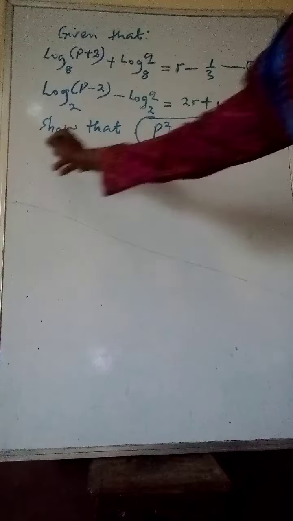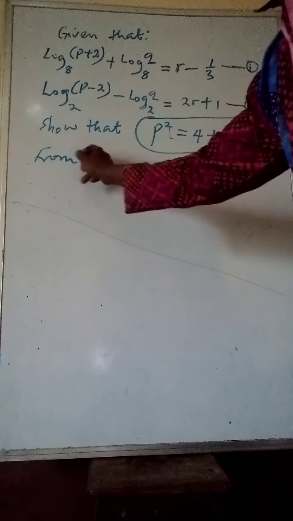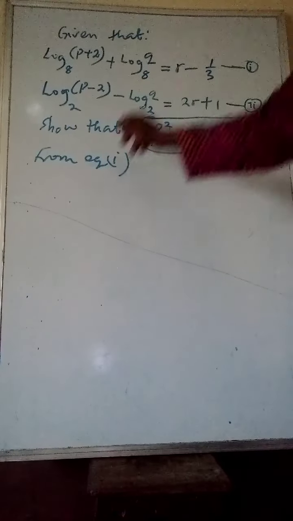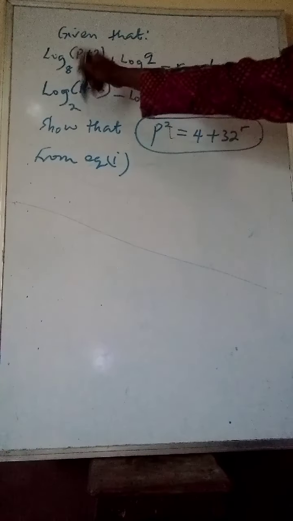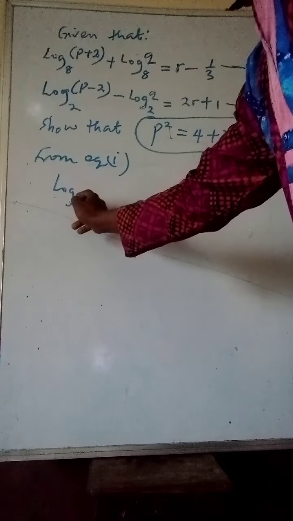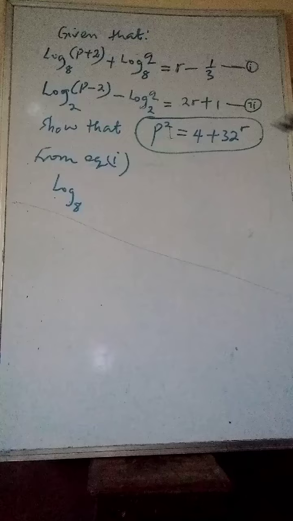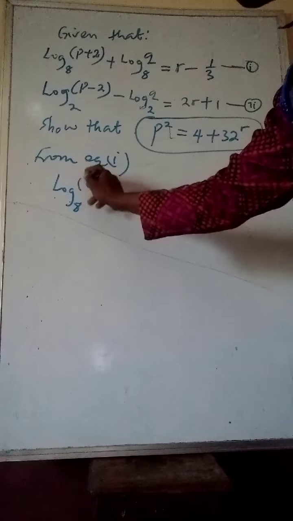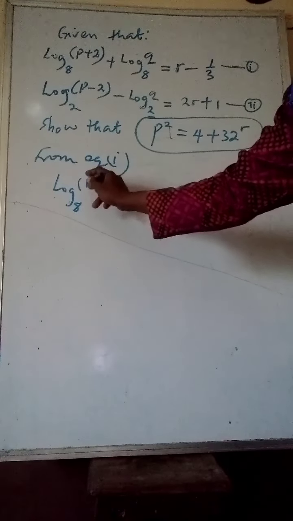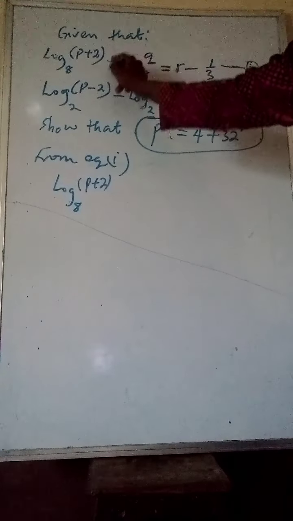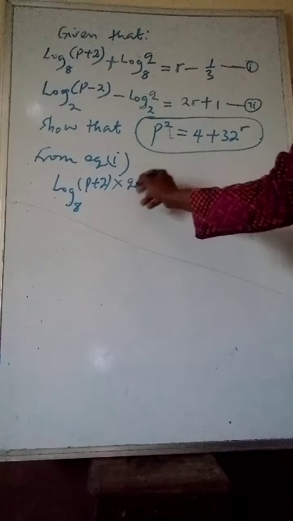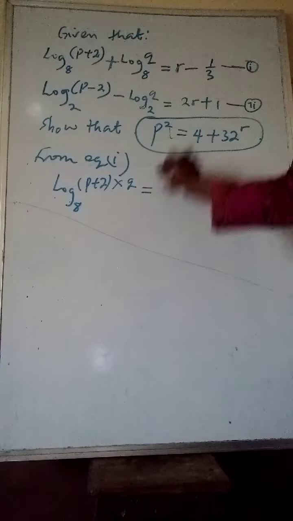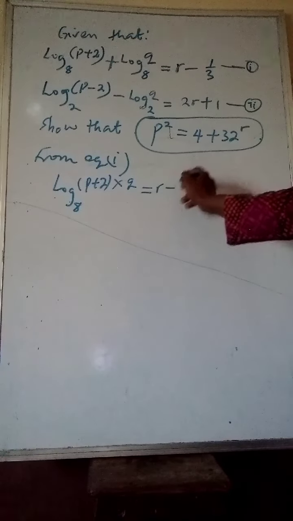From equation 1, since the bases are the same, base 8, I'll pick one log and one base. Log to base 8, then (p + 2) in bracket. The addition between the logs here will become multiplication, then q equals r minus 1 over 3.